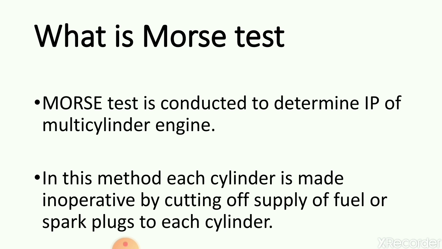Out of that, some power is lost, or is considered to be lost, and the remaining power, after considering the losses, which is available on the crankshaft is considered as the brake power or the useful power. The ratio of brake power to indicated power gives us the mechanical efficiency.